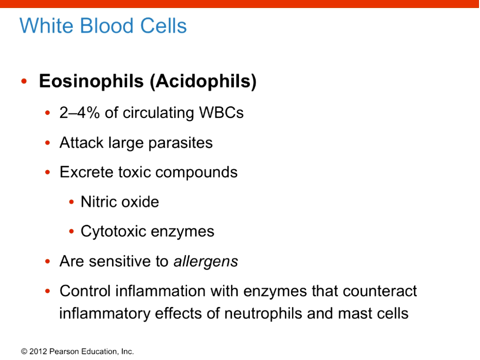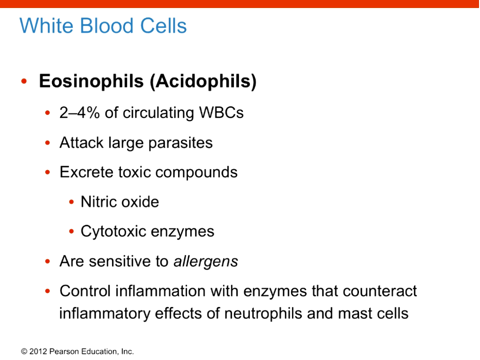Eosinophils are also called acidophils. 2 to 4% of your circulating white blood cells are eosinophils. They attack large parasites, and they're able to do so by releasing their granules, which are things like nitric oxide and cytotoxic enzymes. Eosinophils are very sensitive to allergens. They can elicit an allergic response. They help to control inflammation with enzymes and counter the inflammatory effects of the neutrophils and the mast cells.